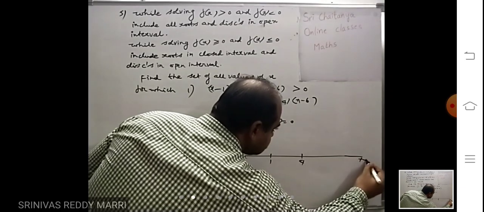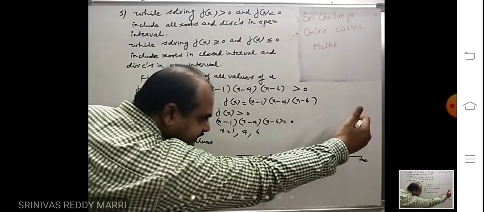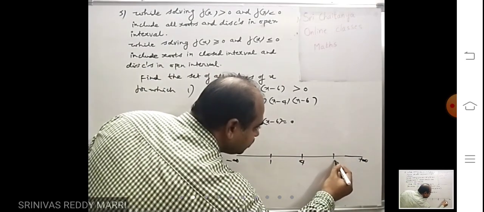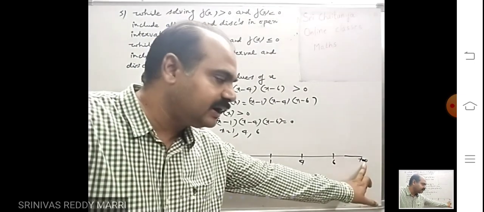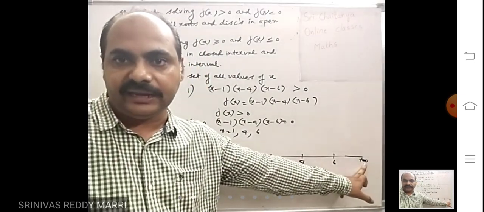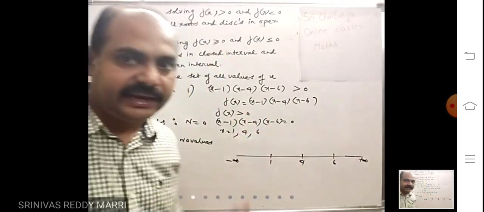You mark the numbers in ascending order. This is the real number line from minus infinity to infinity. I have marked these numbers on the real number line.